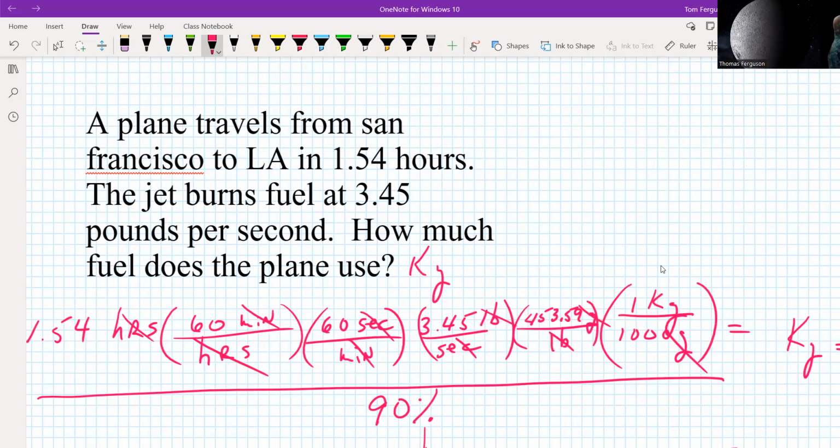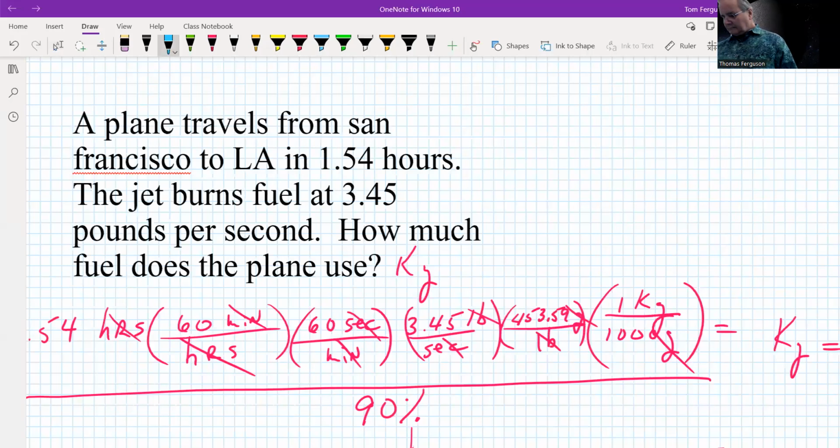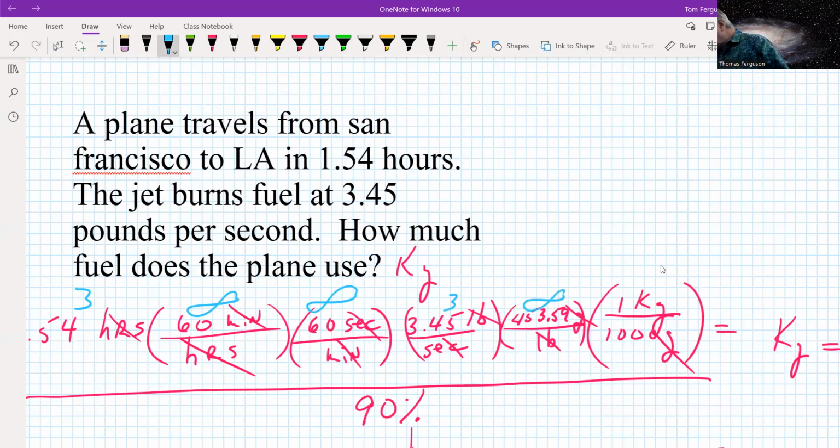90% of the credit. So how many sig figs does our answer have?